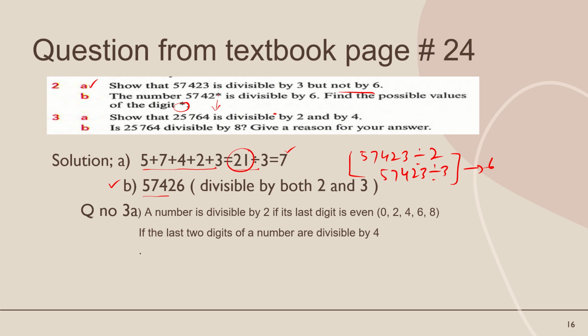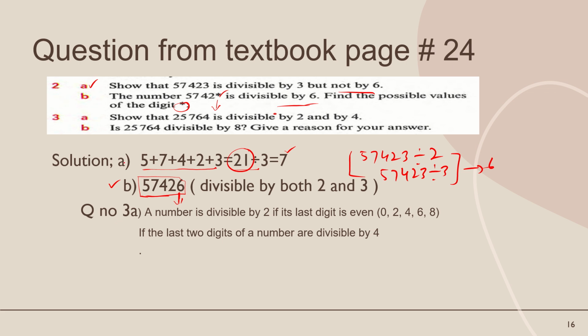What number will come in this place? So we write 6, because we are finding divisibility by 6. Okay, if we write the final digit as 6, the whole number will be completely divisible by 6.